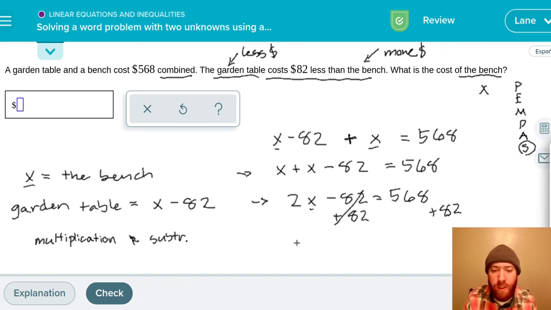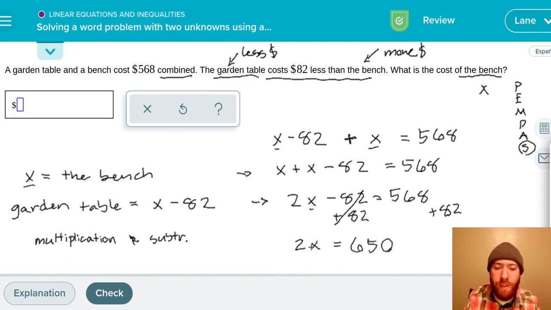So on the left-hand side, we have just 2x now. And on the right-hand side, we have 568 plus 82. We can use the calculator here to figure out what that is. I'm going to use a calculator over on the side. 568 plus 82 is 650.